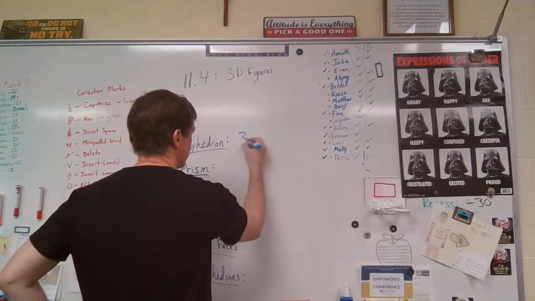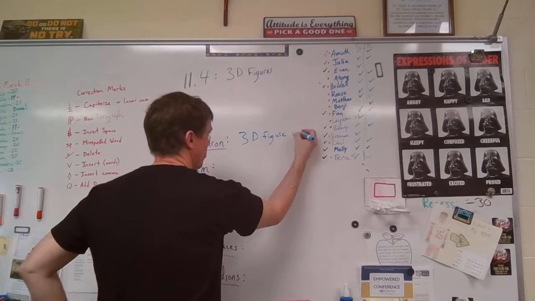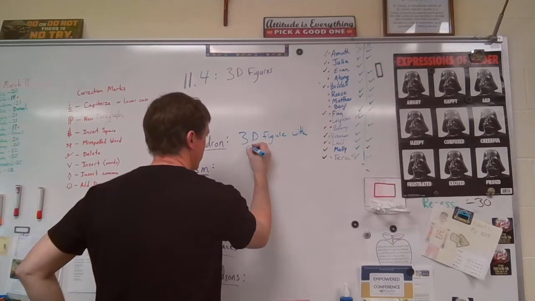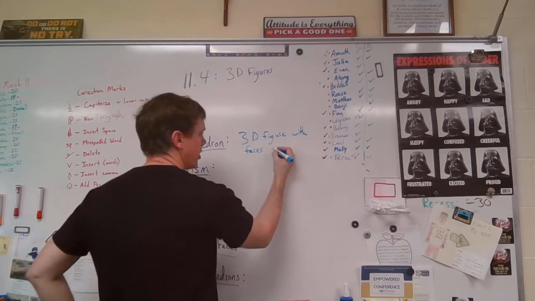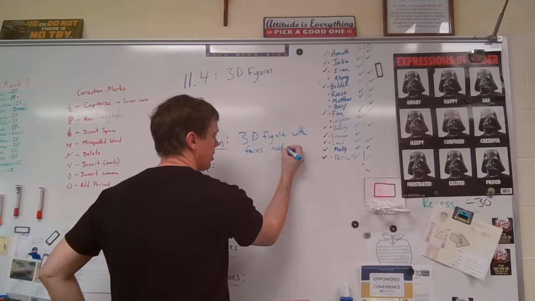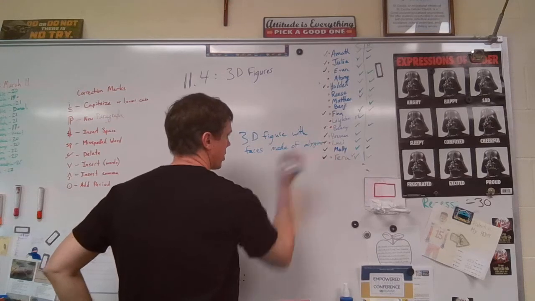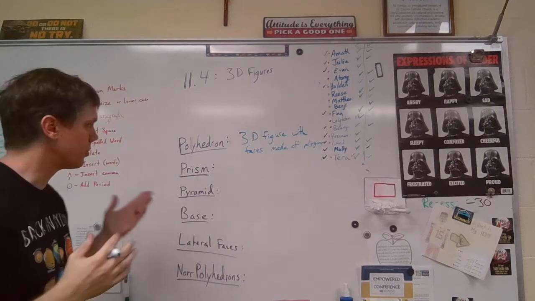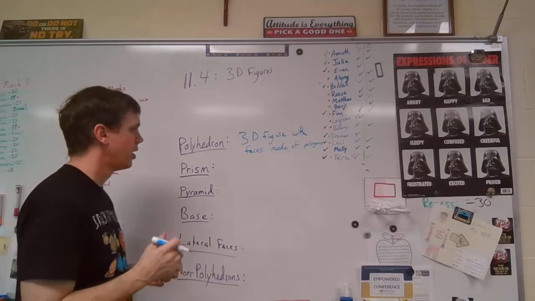Okay, so let's say 3D figure with faces. Don't think of faces like your smiling face, but like outside parts made of polygons. Okay. So this could be something like a prism or a pyramid, which we'll talk about here.